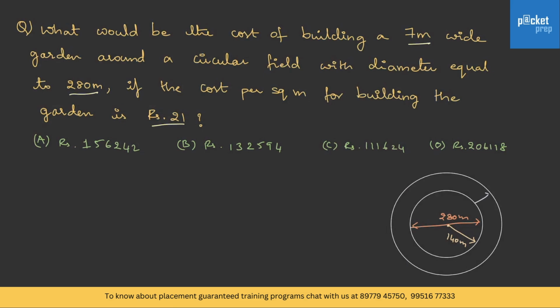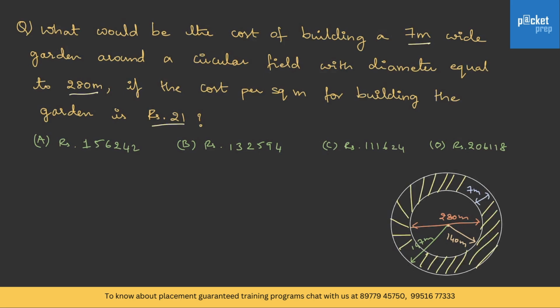So this is supposed to be 7. From this we can write the external circle radius will be 140 plus 7, 147 meters. We are supposed to calculate the area for this.